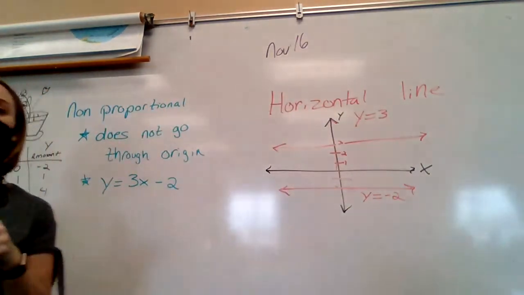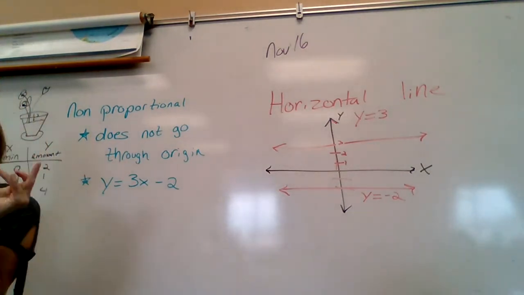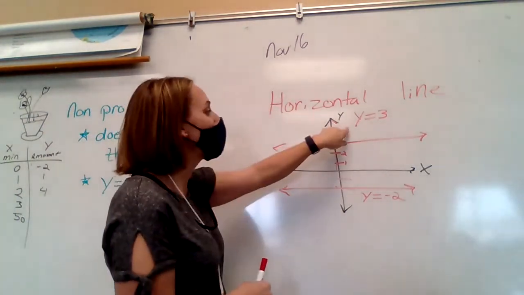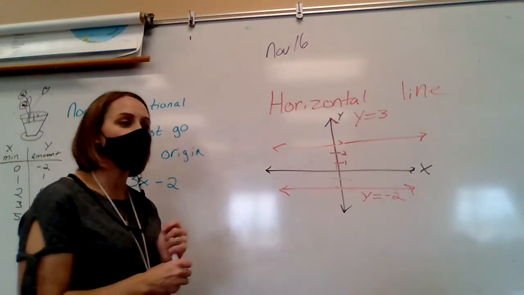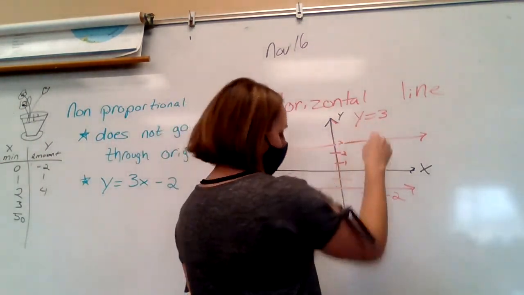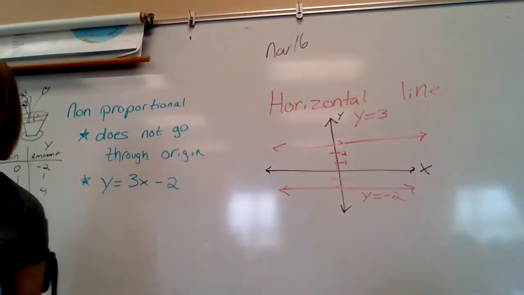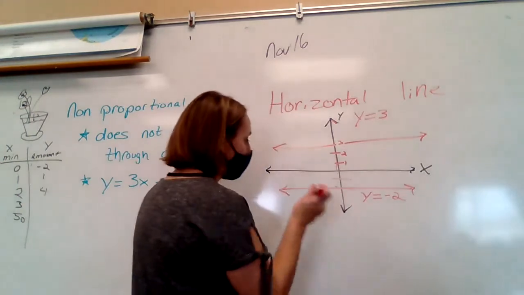I want you to write something down because I'm going to expect you to know how to do this, and you might get turned around in the moment. A horizontal line is always y equals some number. Y equals 0 is possible. It's just going to be right here.